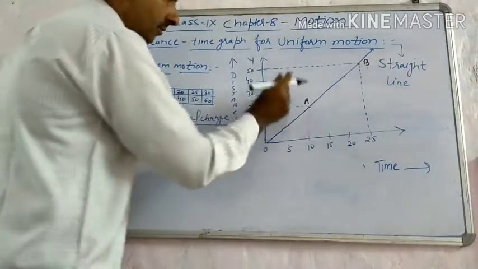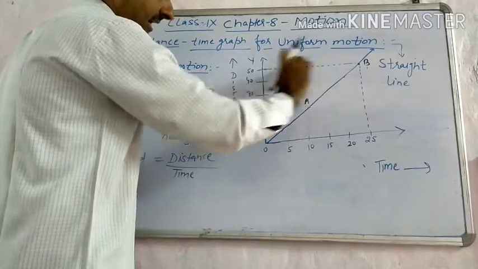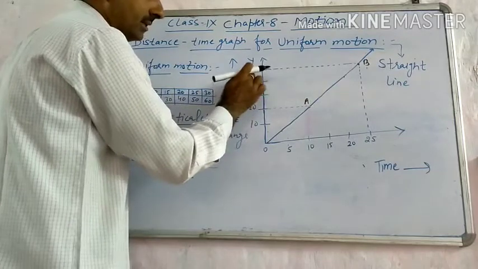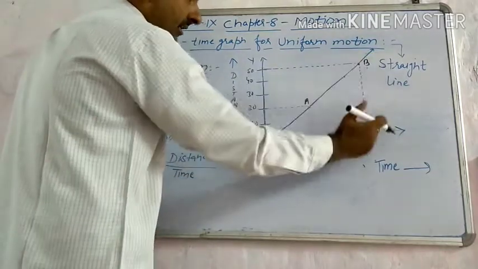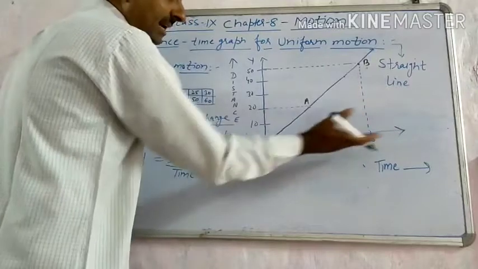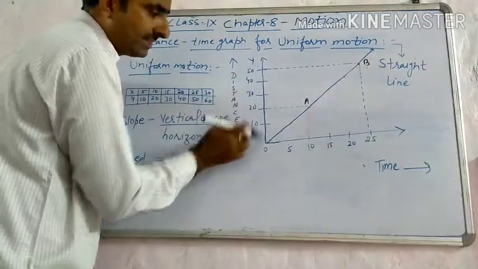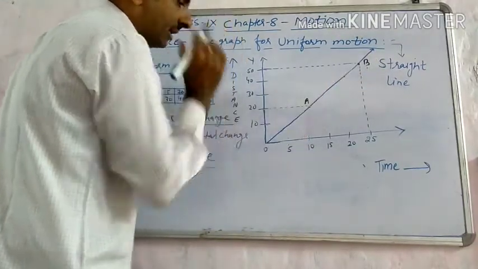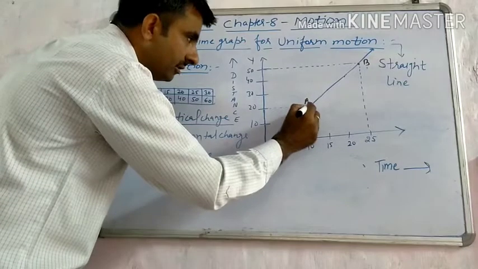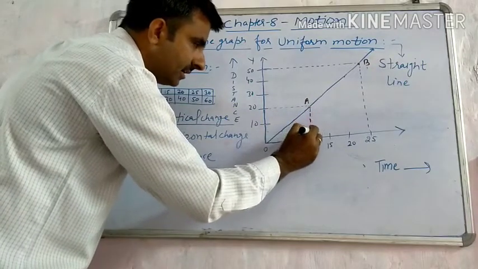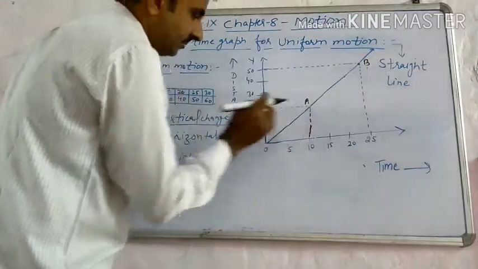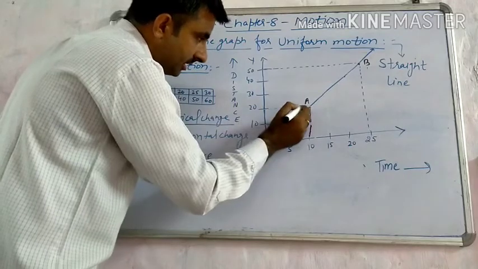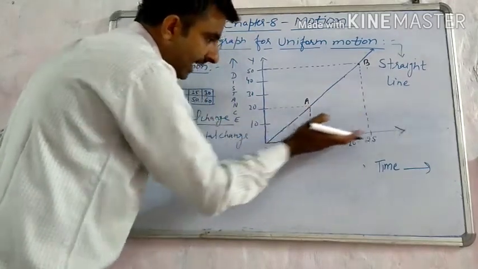Now first of all, draw a line that is parallel to x-axis from this point to here, and another draw a perpendicular on this time axis which is parallel to y-axis, that is here. So this is B point, this is A point. Now same, this is A point. Now we will draw here a perpendicular that is parallel to y, and we also draw this line that is parallel to x-axis.